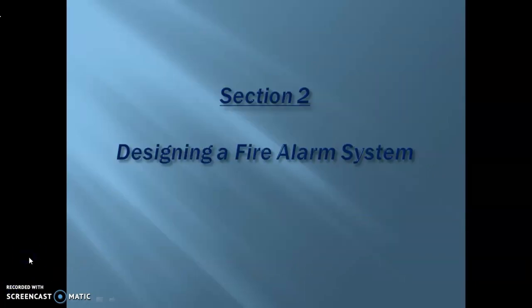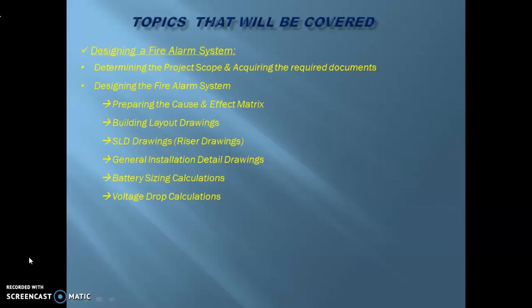Alright, so now finally moving on to section 2 of this course, that is designing a fire alarm system. The topics that will be covered during this section are 1. Determining the project scope and acquiring the required documents, and 2. Designing the fire alarm system itself.